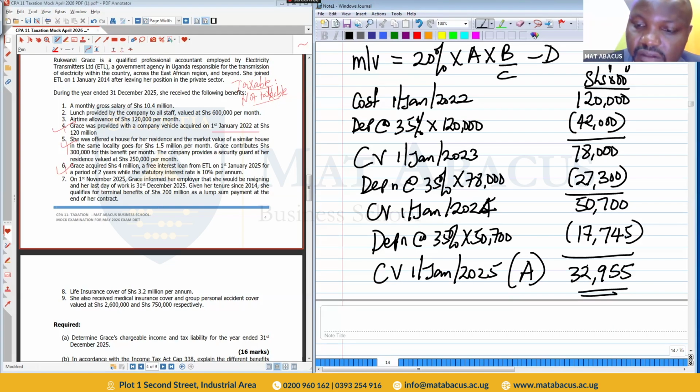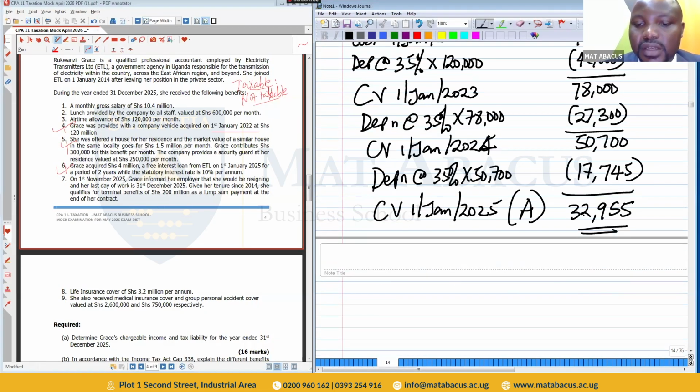You need to get the value of the vehicle when it is provided to him, like on the 1st day of the year of income. Which will now bring up here in our formula, meaning that our motor vehicle benefit will be 20% times A, which is 32,955, times the number of days used in a year.